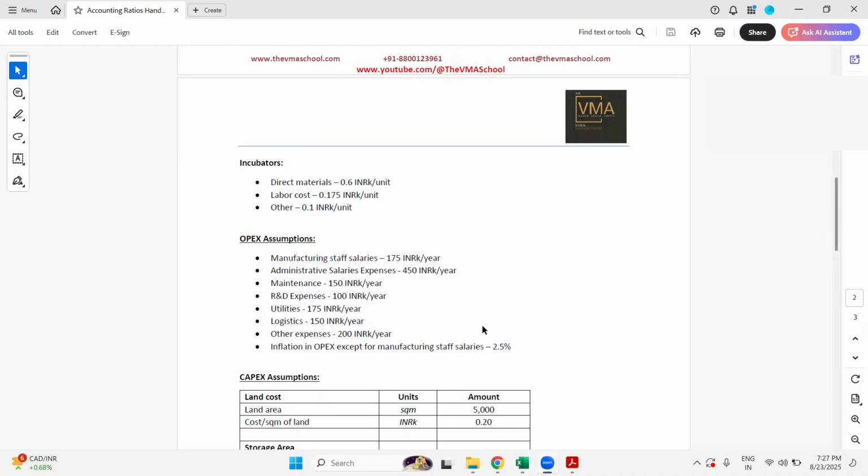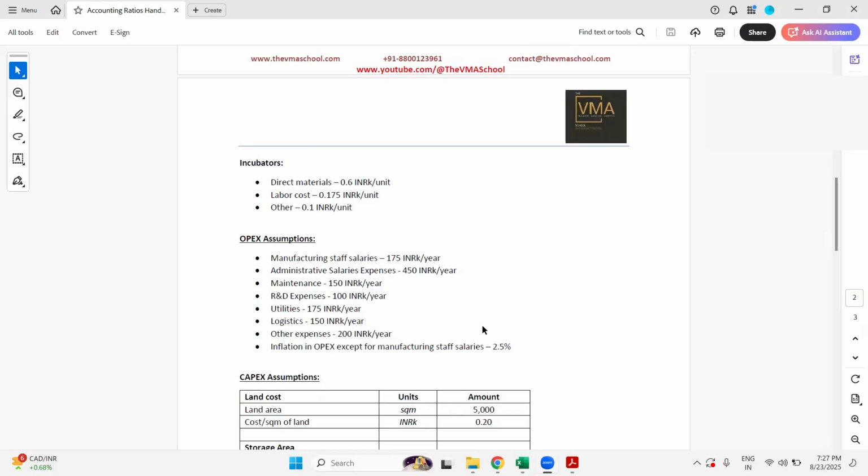So guys, here you can see that I have written out a condition: please don't inflate all of my expenses. You need to inflate all of your operating expenses except for manufacturing staff salaries. That is going to stay constant, right?